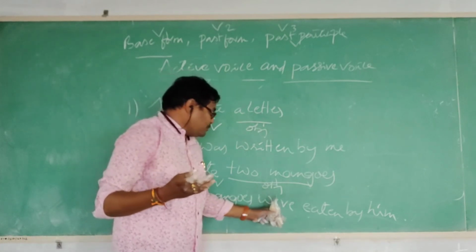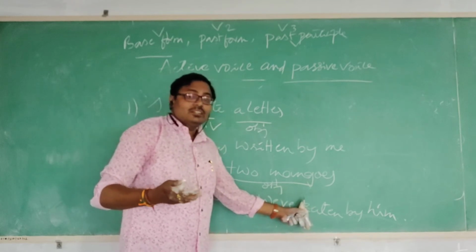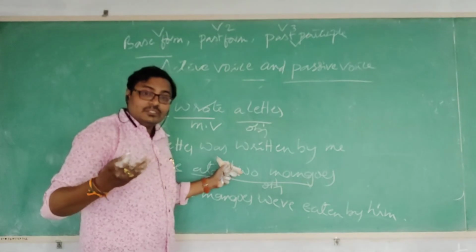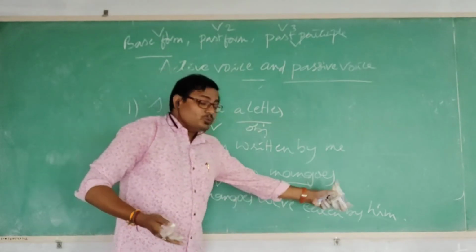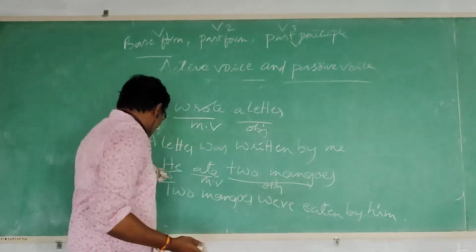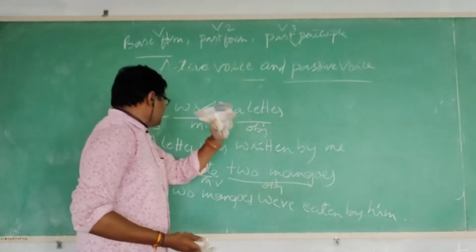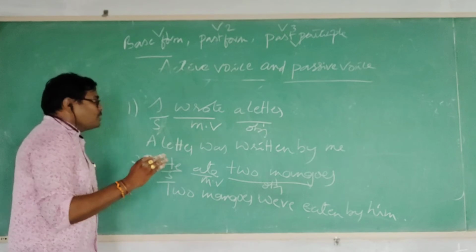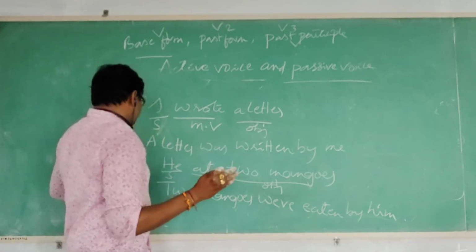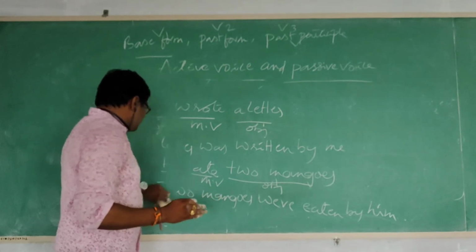What is the helping verb? And we have to write V3 of eat: eat, ate, eaten, and we have to write the preposition by, and he becomes him. Right? This is the way how we can convert an active voice to passive voice. Right? Let us see.